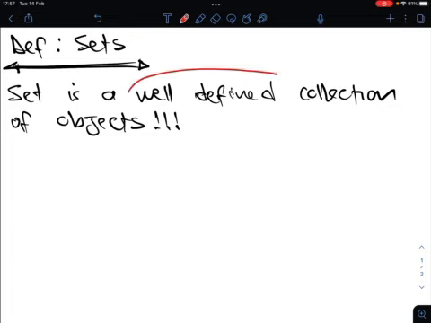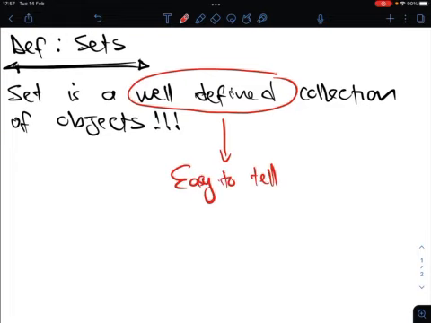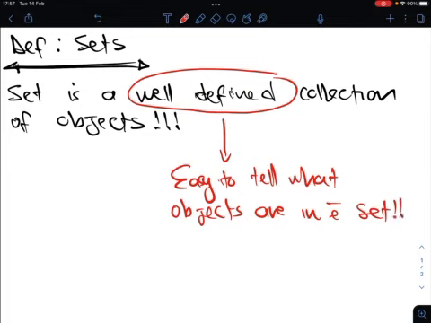But what does it mean now to say it is a well-defined collection? Well-defined simply tells us that the way the set is described to us, it will be easy to tell what are the objects that are contained within that particular set. So it simply means that it is easy to tell what objects are in the set.